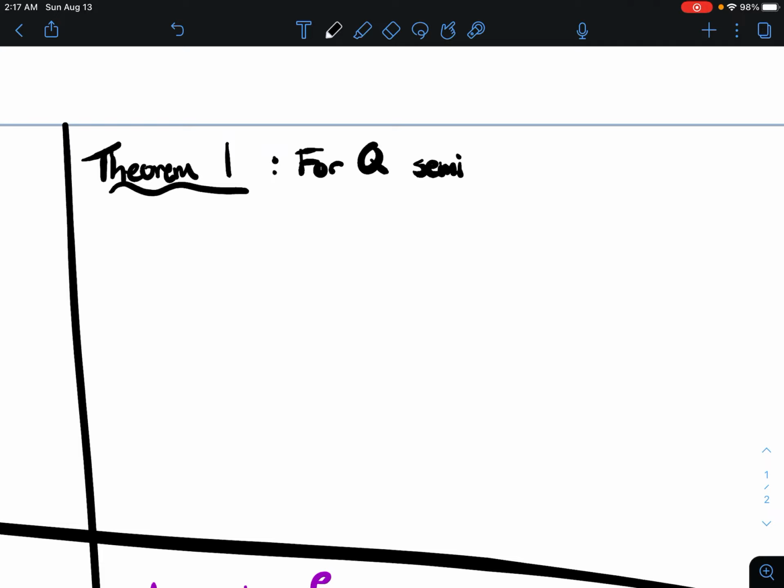We're going to take a phase function Q, which is semi-algebraic, and has bounded complexity. What that bound is not too important. This will just affect the implicit constants in our result.